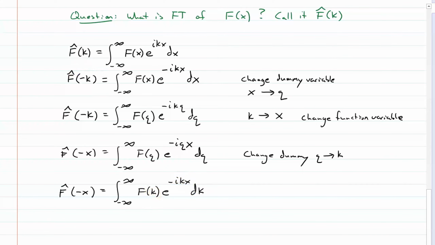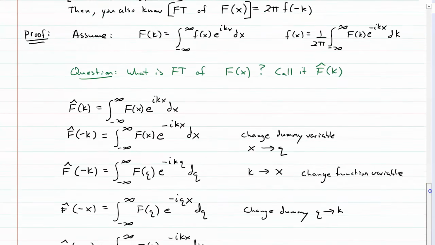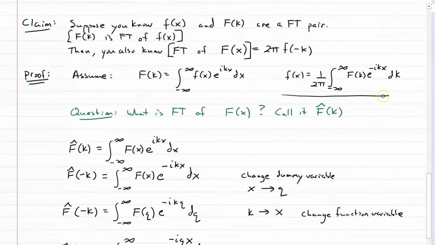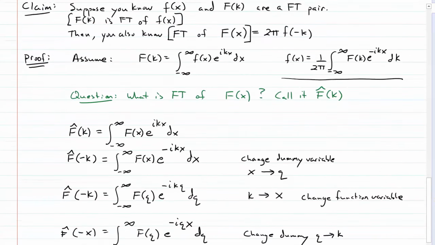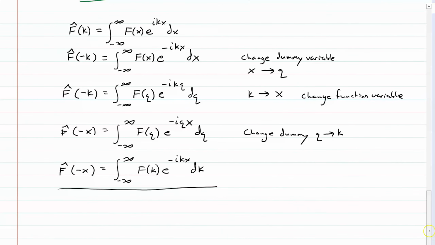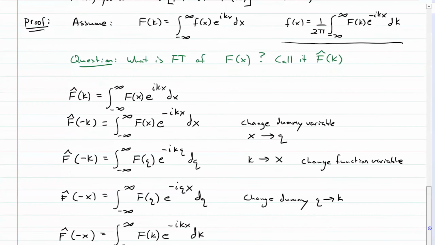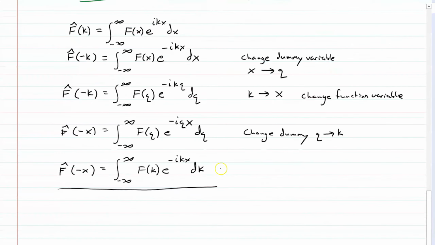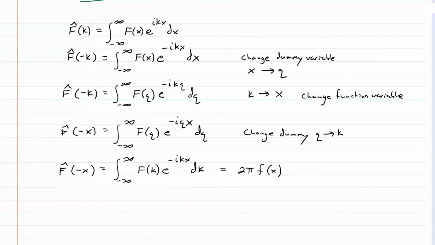Okay, but now compare this formula to the formula that we know from above, the formula for the inverse Fourier transform. It's exactly the same, just missing a factor of 2 pi. So this is equal to 2 pi times f of x. So what have we got so far?